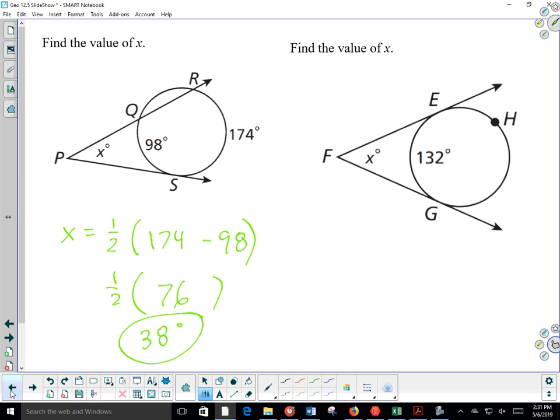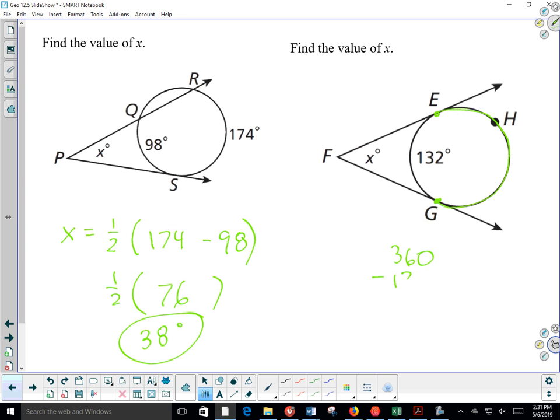Okay, so I don't know if I'm going to verbalize this in a very clear way, but I saw that arc EG is 132 degrees, and then the other side of the circle, arc EHG, I just took 360 and subtracted 132.